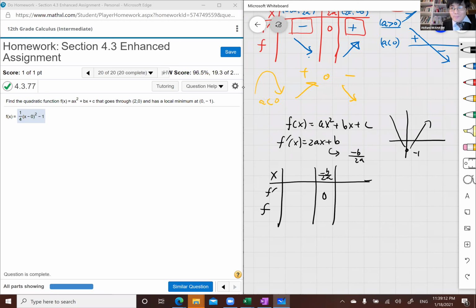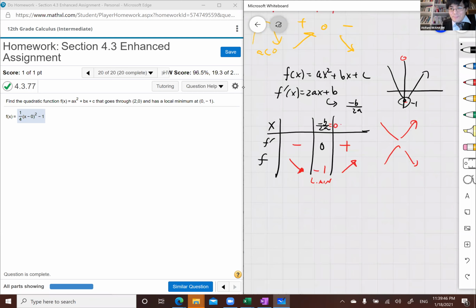This is a local minimum, so you know the graph must be down and then up, instead of up and down. So f dash must be negative, then positive. This point is when x is 0, so this must be 0, and this must be negative 1.